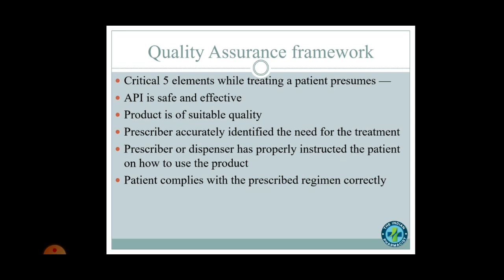Sometimes a product should be taken twice a day or once a day. This type of instruction should be clearly given to the patient. Last but not least, the patient complies with the prescribed regimen correctly. Whatever instruction is given to the patient, the patient complies with it accurately.